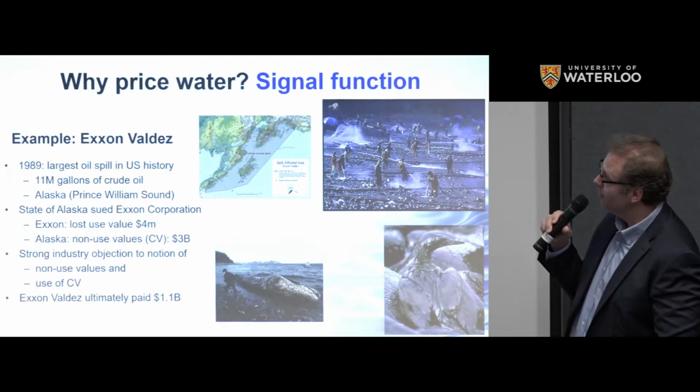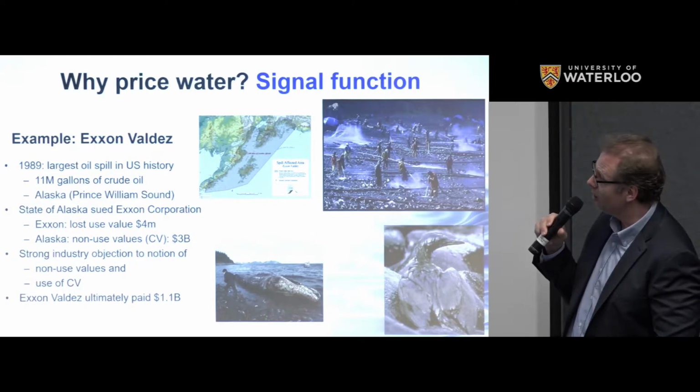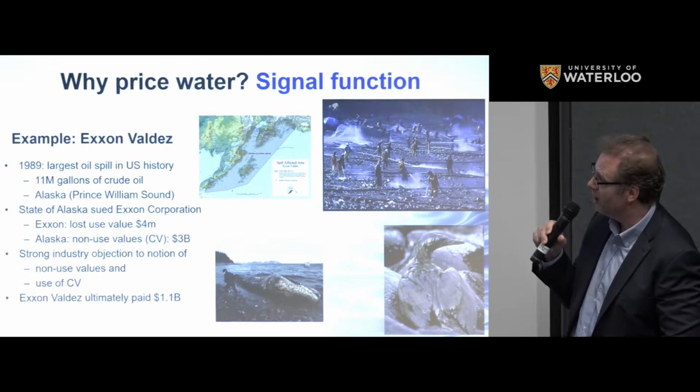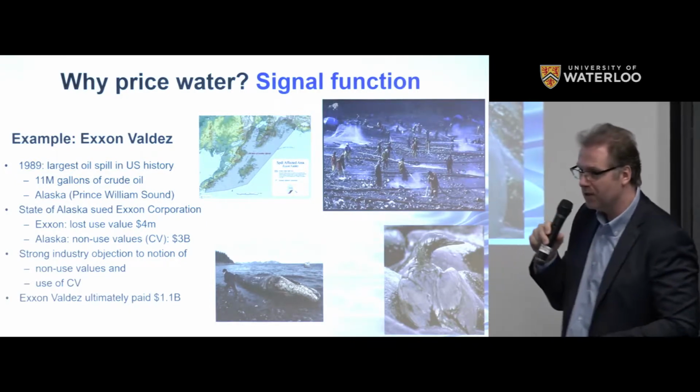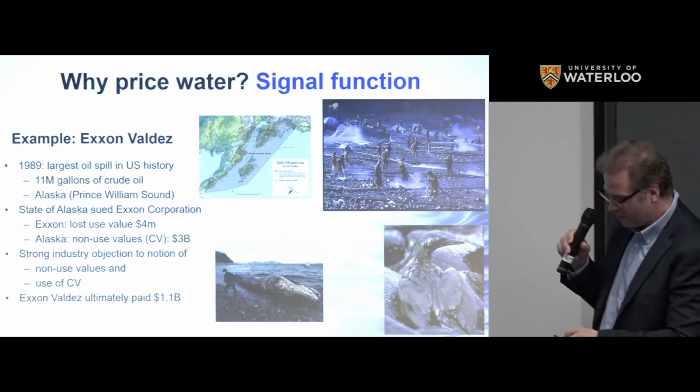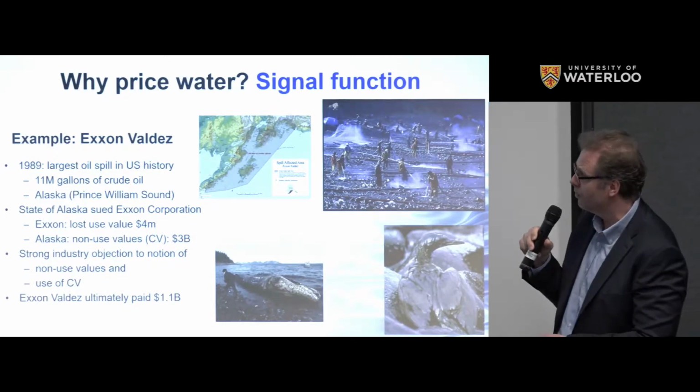So typically what you see is that these oil companies then clean up the mess that the spill creates, and they're willing to pay the communities living along the coast for their lost use values, fisheries, for example, shellfish, etc., an amount of money in the order of magnitude of 4 million.